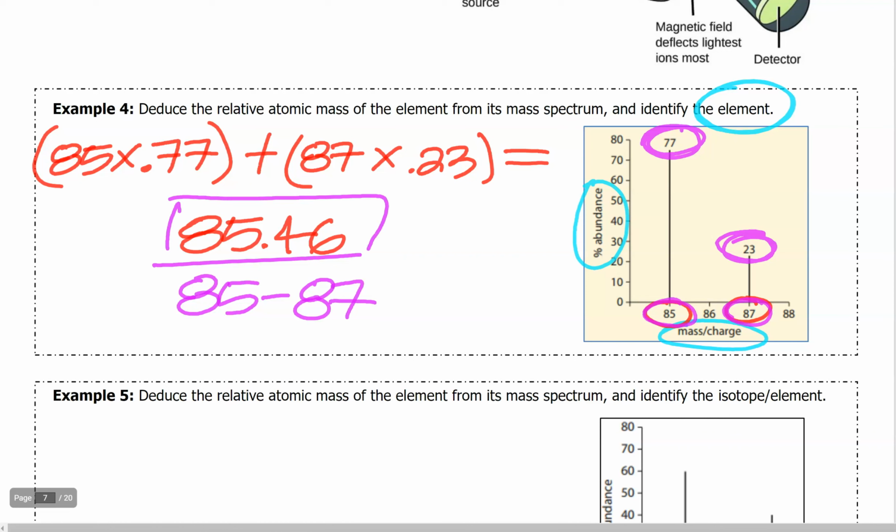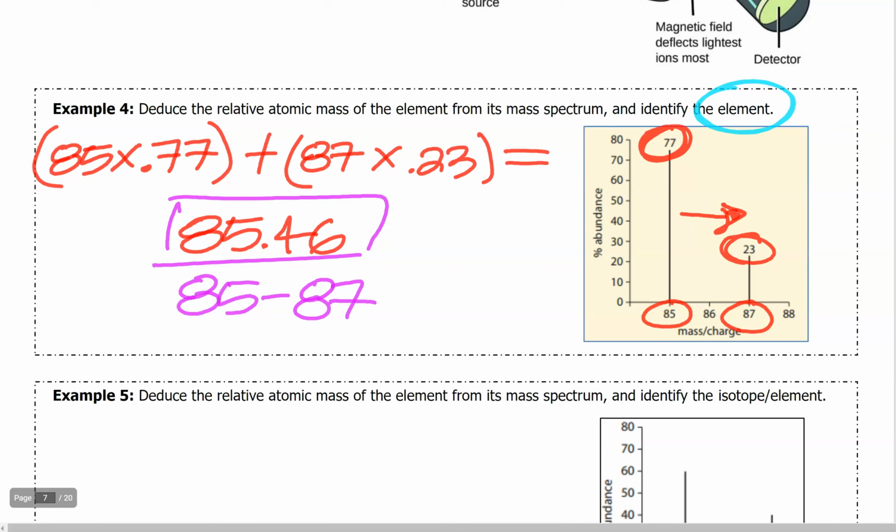Now let's look at the peaks. Well, I know that it's an average. So what I know is that it's got to be between 85 and 87, but the 87 is bigger than the 85, so it should be pulling the average away from the 85, but it should be closer to the 85 because 77% is 85 in terms of the mass.